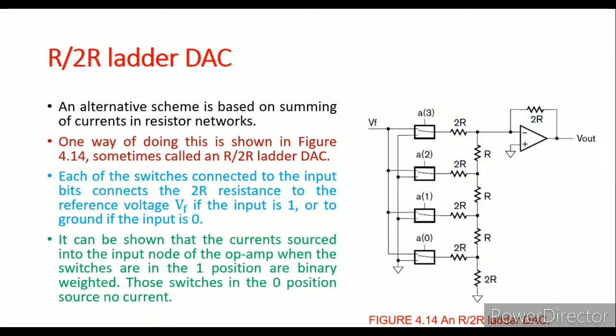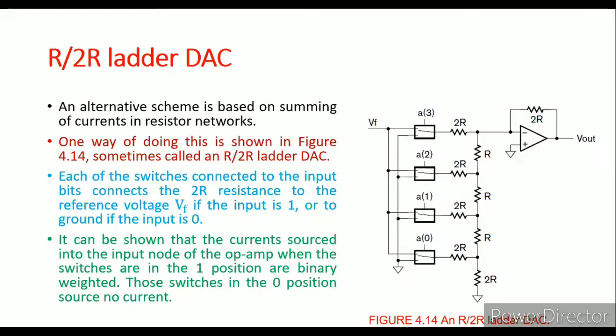So it can be shown that the current sourced into the input node of an op amp when the switches are in the one positions is binary weighted. Those switches in the 0 position source no current. So whichever is connected to the ground, we consider there is no current flow in that particular circuit.